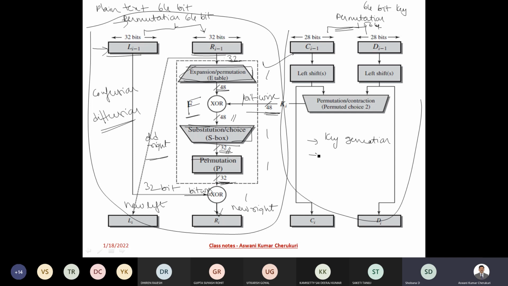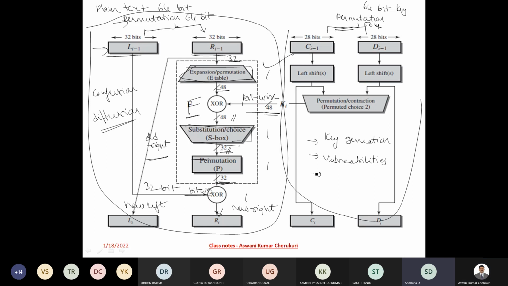And remember, there are certain potential vulnerabilities in the DES algorithm, with which people have attacked it. So what are the vulnerabilities or weaknesses in DES?